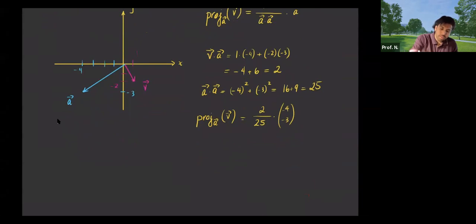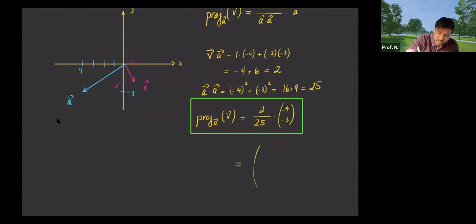Let me color it green. And of course, you can rewrite this as a single column: -8 over 25, and -6 over 25. You can also write it this way. That's also acceptable.